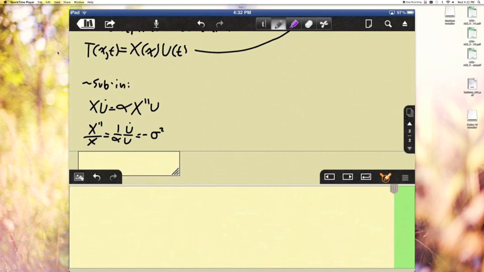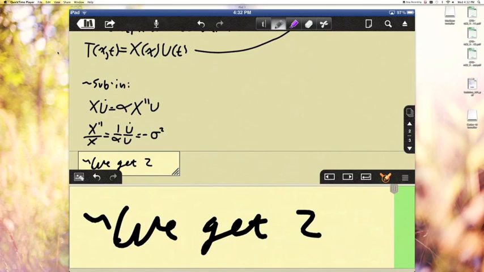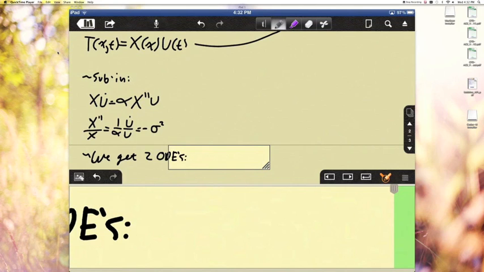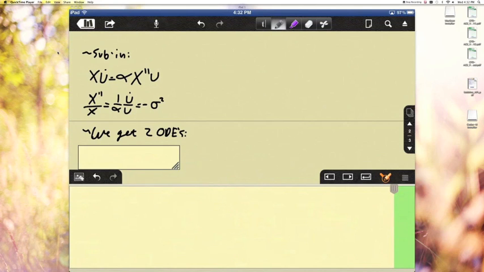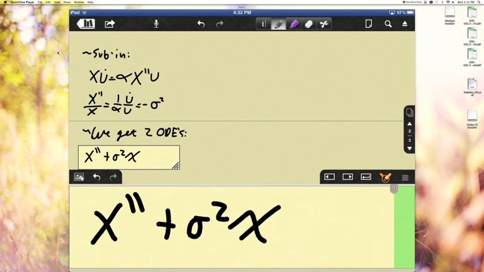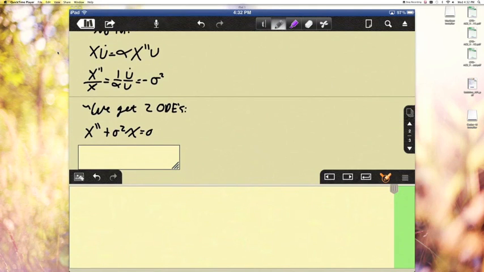So now that we have that, what we can do is we can solve across, and we wind up getting 2 ordinary differential equations that are very, very easy to solve. We wind up getting 2 homogeneous linear ordinary differential equations.